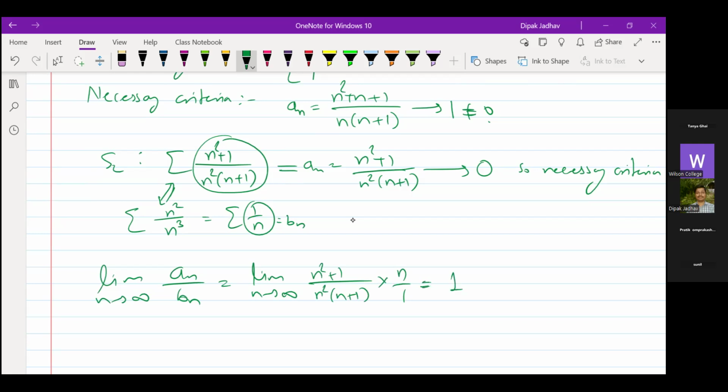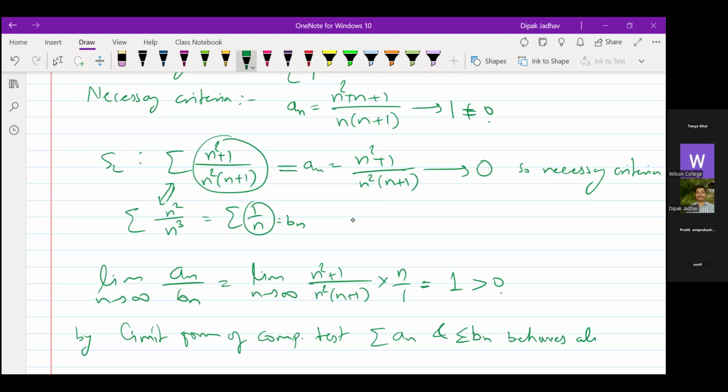The limit is 1. It is strictly greater than 0. So by the limit form of comparison test, I can conclude summation an and summation bn behave alike. But do I have any information about summation bn?